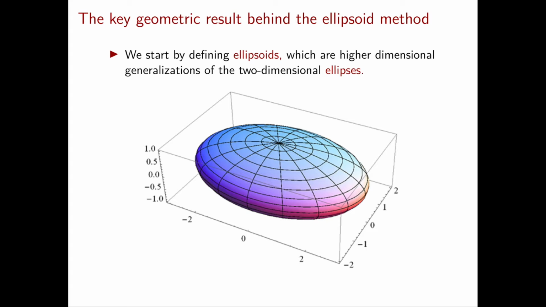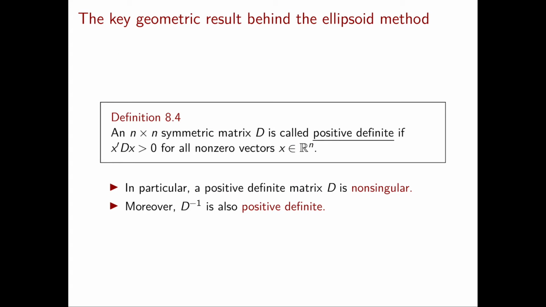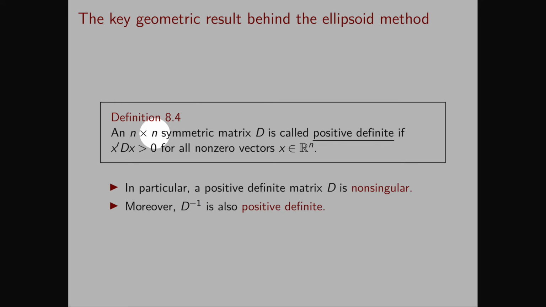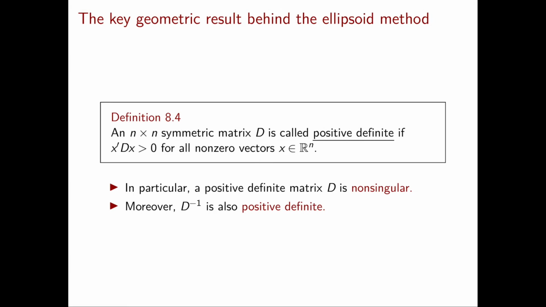In this picture, we have an example of a three-dimensional ellipsoid. Since ellipsoids will be truly fundamental in this chapter, let's define them formally. The first thing we need to define are positive definite matrices. An n by n symmetric matrix D is called positive definite if x transpose Dx is strictly positive for all non-zero vectors x in R^n.